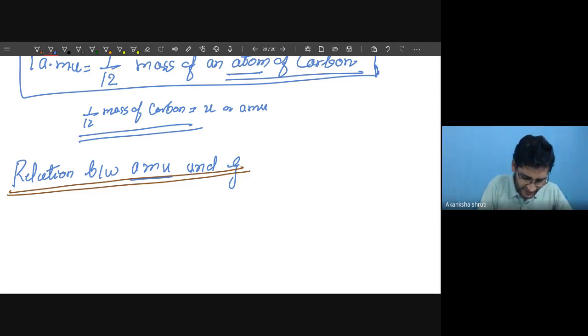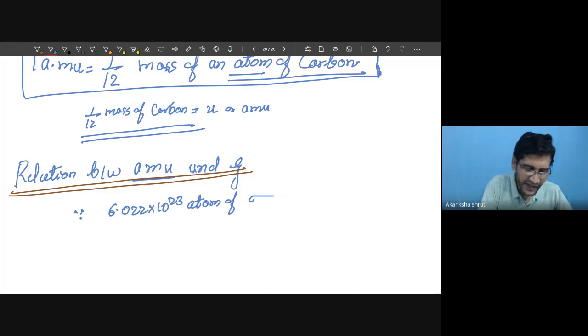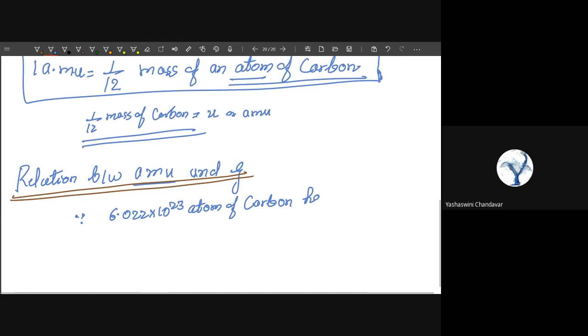Students, we have just learned that 6.022 into 10 to the power 23 atoms of carbon have how much mass? Can you tell me? Yes, 12 gram.